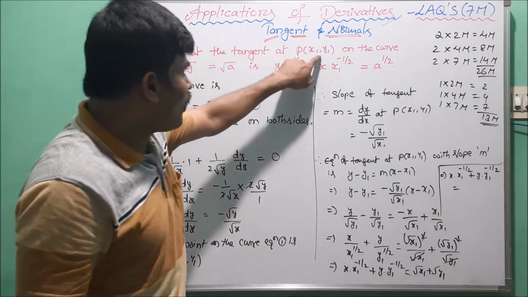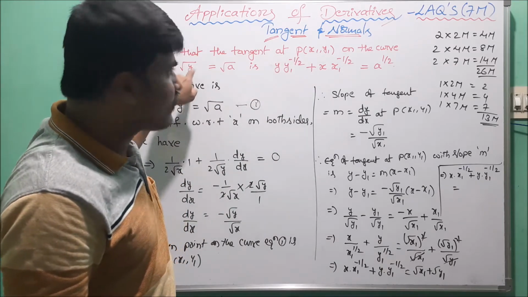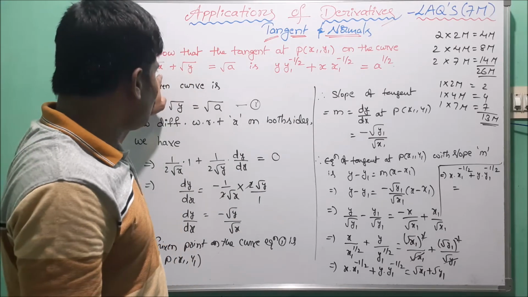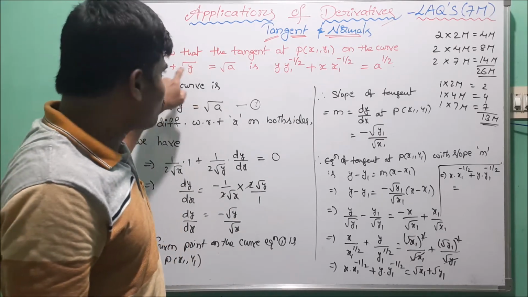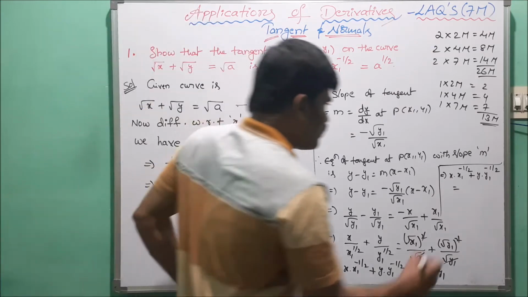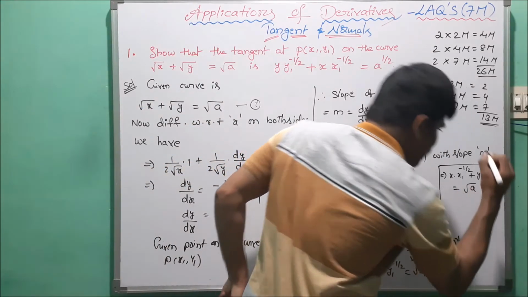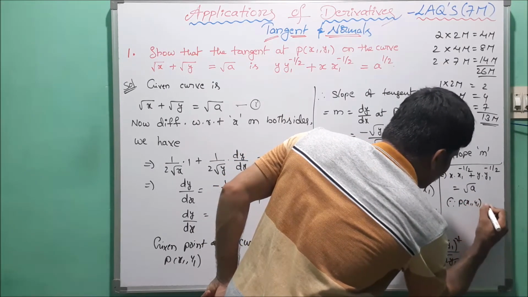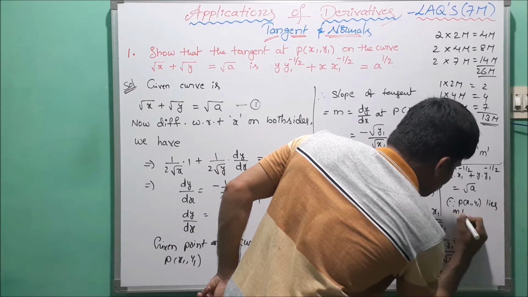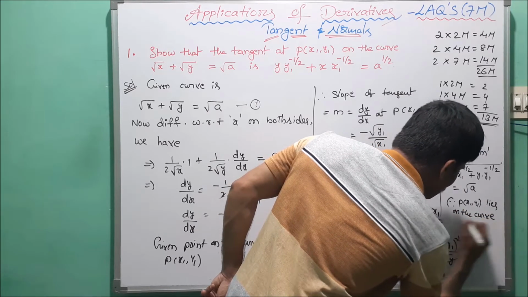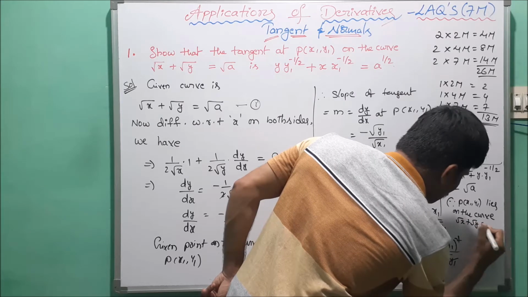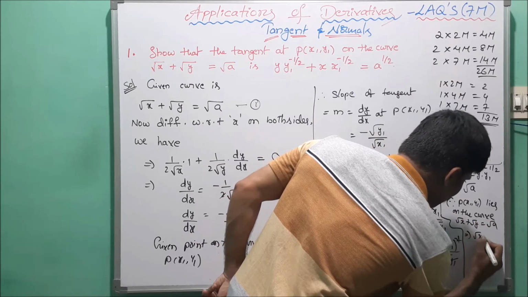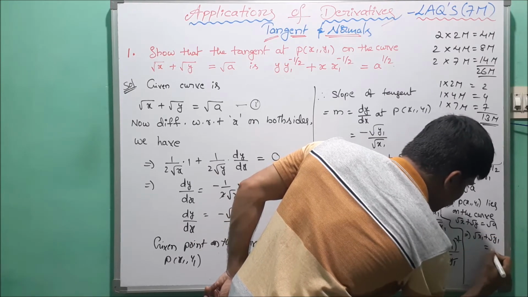Already this point lies on the curve root x plus root y equals root a. Now we substitute x1, y1 in place of x and y. Since P(x1, y1) lies on the curve, root x1 plus root y1 equals root a.